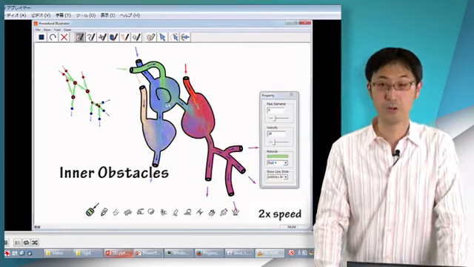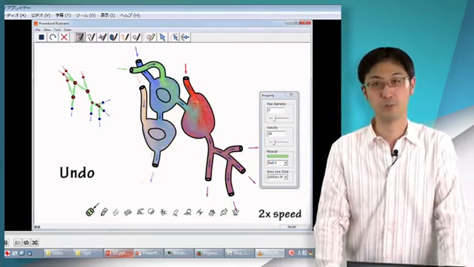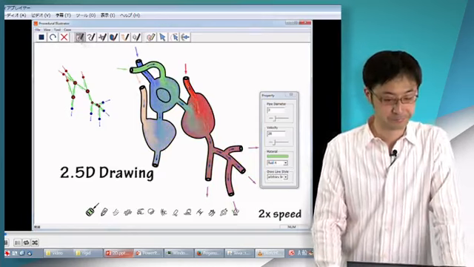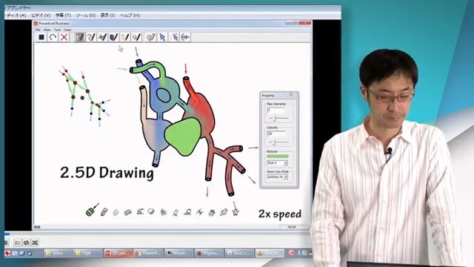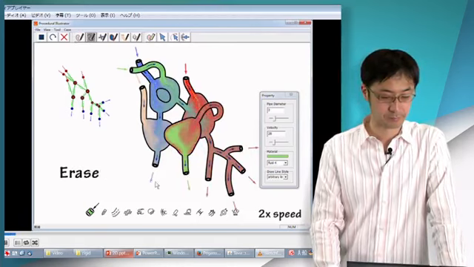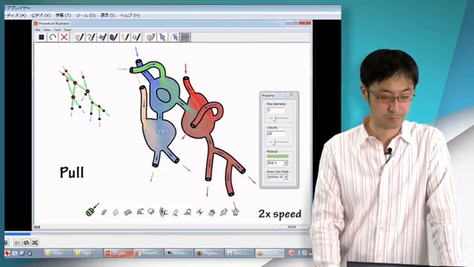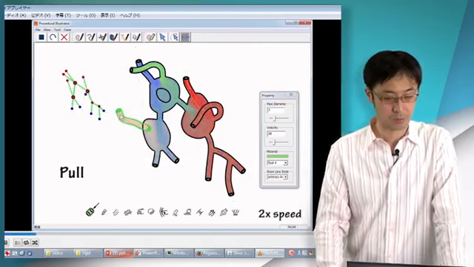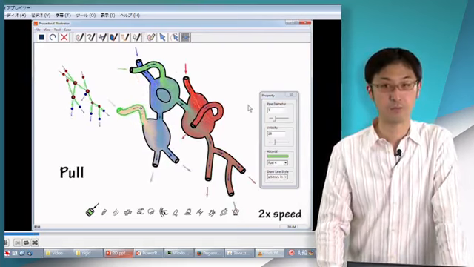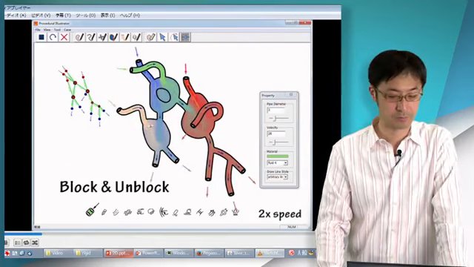So this tool is very useful for explaining fluid phenomena. So you can interactively edit the shape by deformation tools.